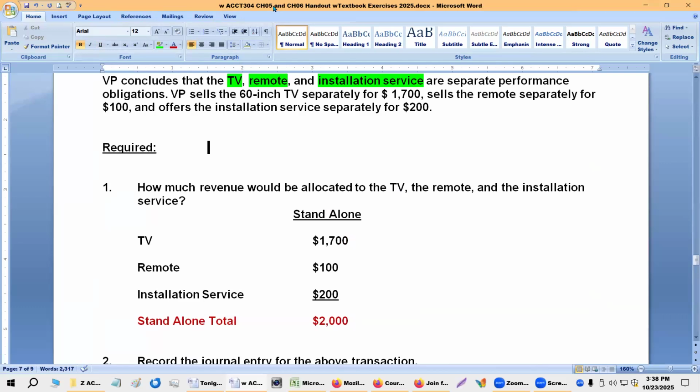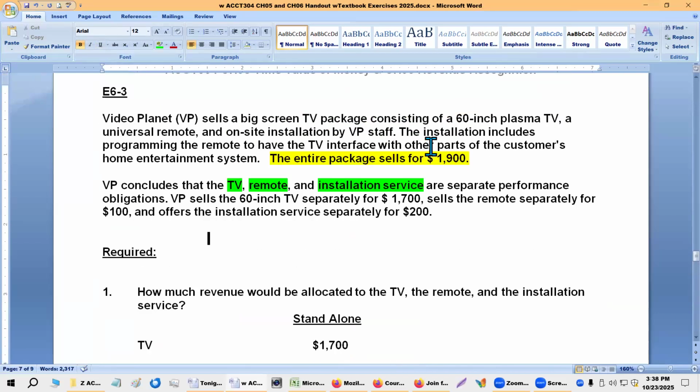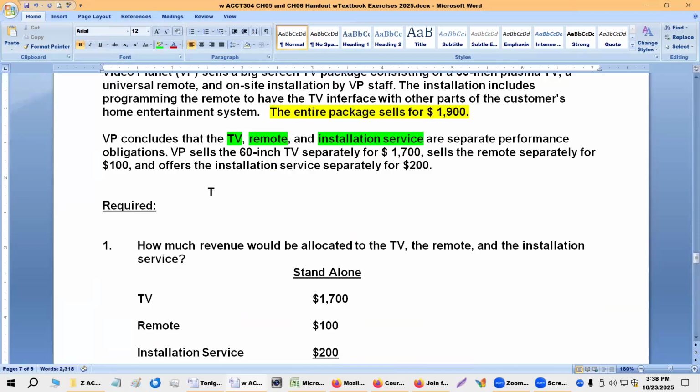So what we're going to do is get a ratio of the TV package, and we're going to divide that by the standalone total.